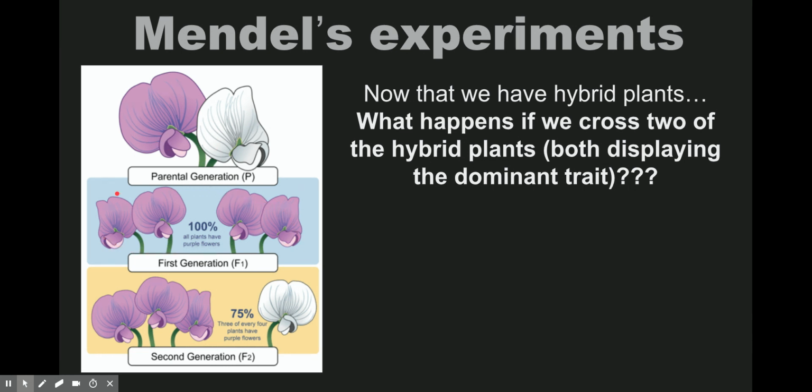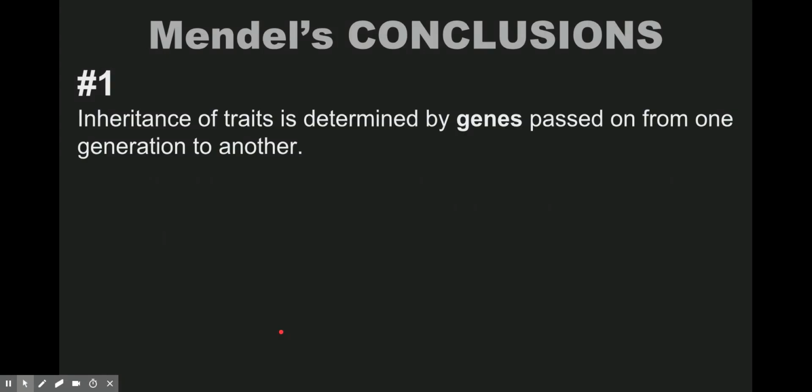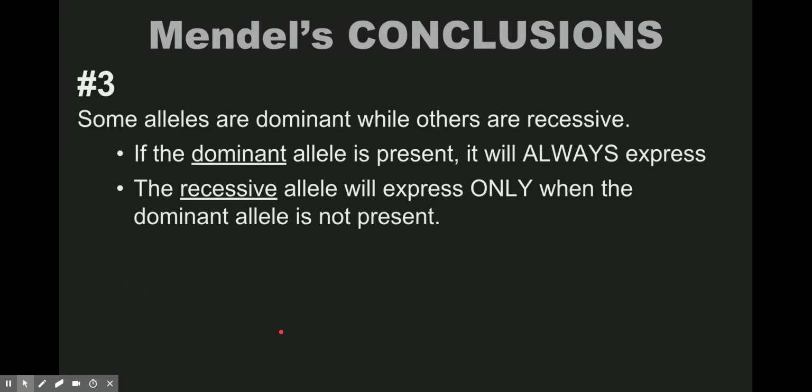That's understandable. But what's not understandable is how 2 purple parents can all of a sudden start producing 25% white flower children. Reginald Punnett was asked to help explain that.